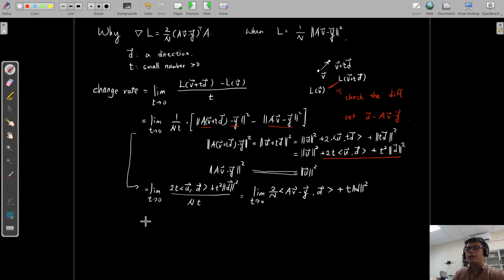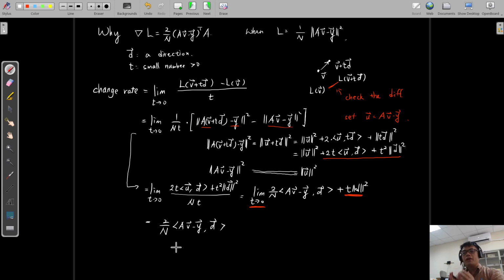You see there is a t, and t is going to be 0, so it just disappeared because it was a squared term. So all the things remain. The directional derivative is equal to Av minus y inner product with d.